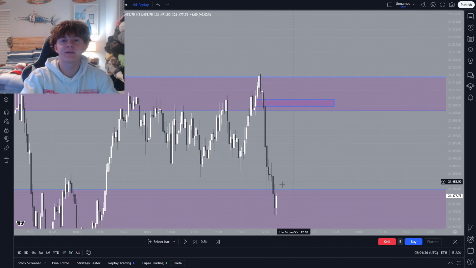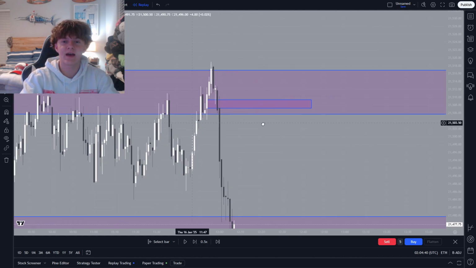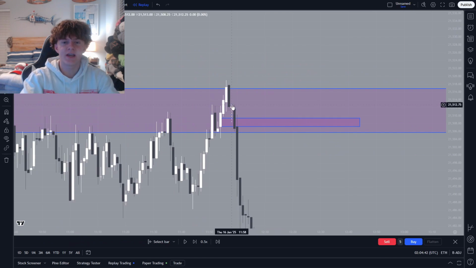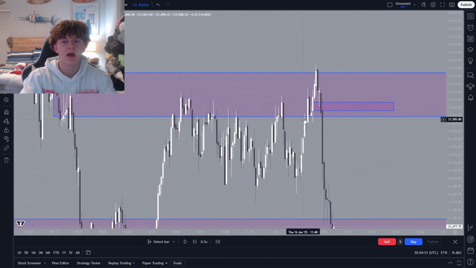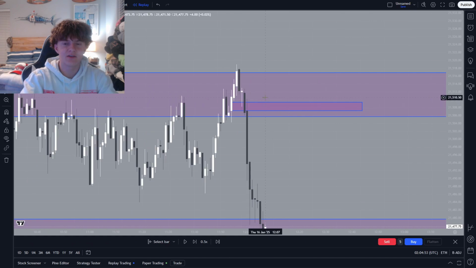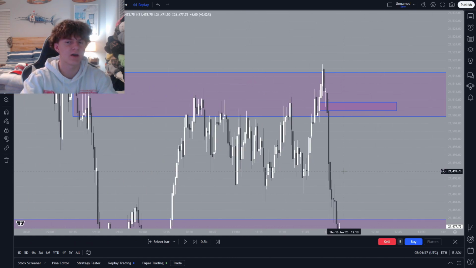So now, as you guys can see here, we really did not get a good entry point for this. I mean, as you can see here, we had a bullish hammer come in. We just had a big down spike, another big down spike. Obviously, with the replay feature that I'm doing right now, we tested into this, as you guys can see the wick here. So if we could have tested back into this and saw that rejection, you guys could have got in there.